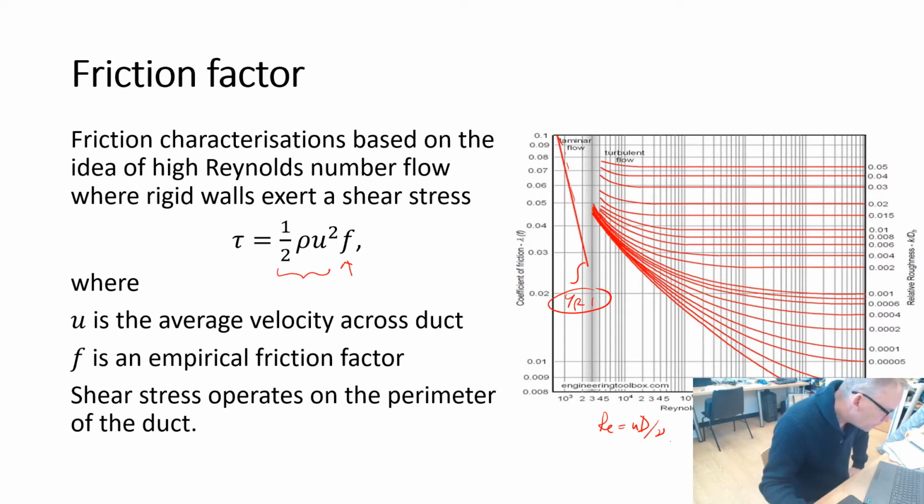The friction factor usually has an inverse relationship with Reynolds number for low Reynolds number, where viscosity dominates, and for high Reynolds number it's usually a constant. This has a dependence on the roughness, and as the roughness decreases, the friction factor decreases.